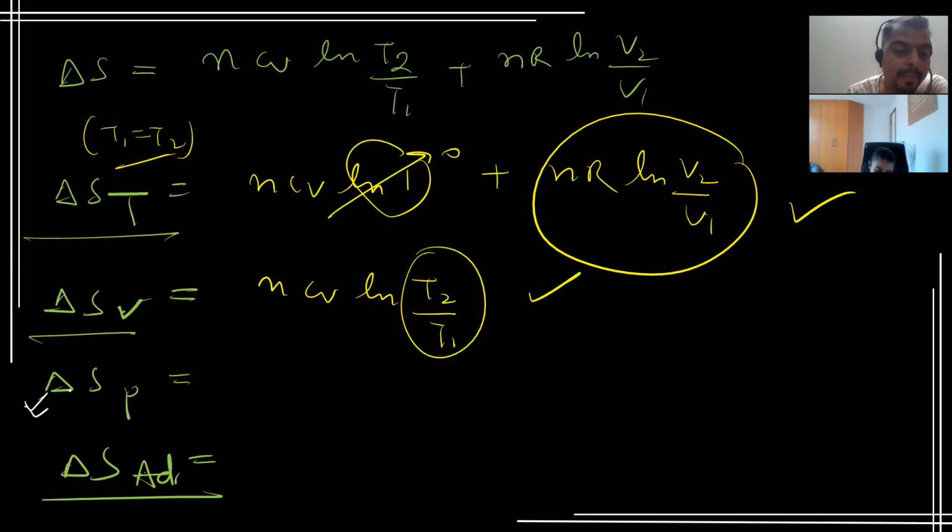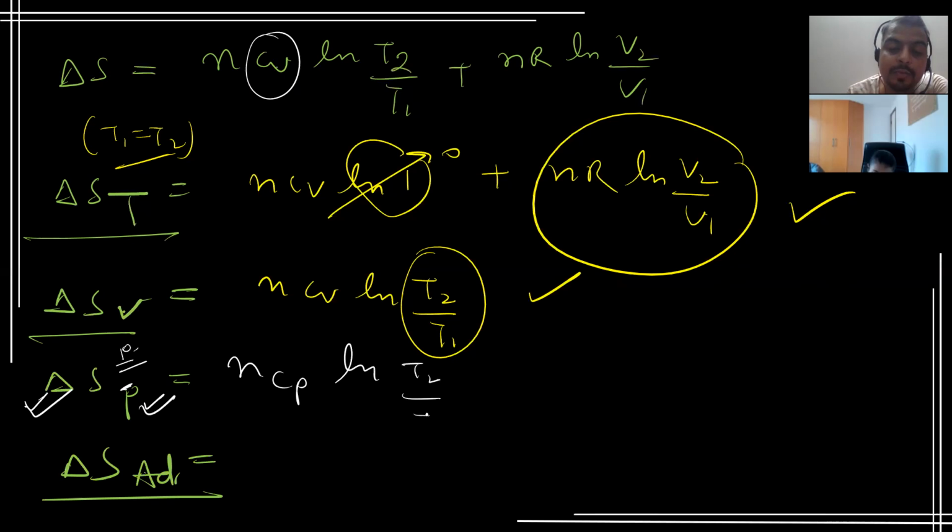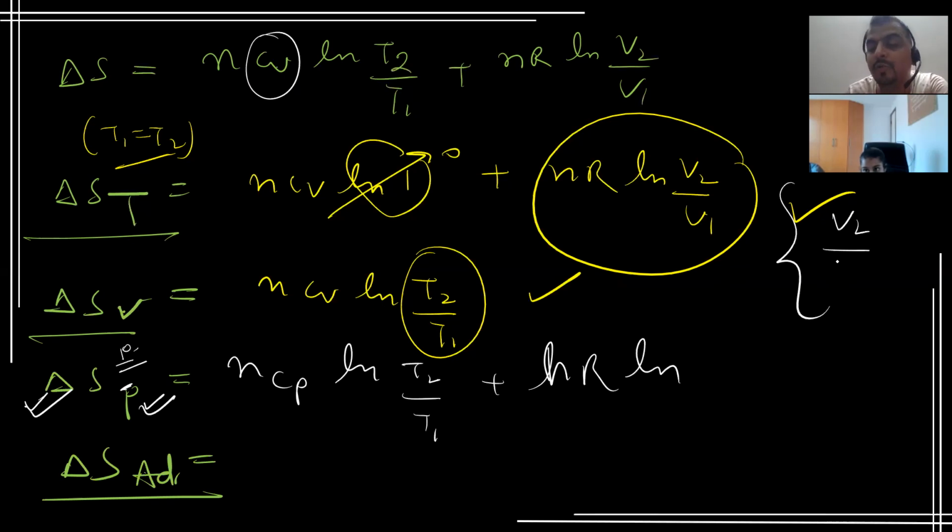Clear? Yeah. In the case of isobaric, neither volume is constant nor temperature is constant. Pressure is constant. When pressure is constant, you have to change Cv to Cp, because constant pressure is applied, so Cv becomes Cp, the heat capacity at constant pressure: nCp ln T2/T1 plus nR ln V2/V1. From Boyle's law, if temperature is constant, V2/V1 is equal to P1/P2, so nR ln P1/P2.